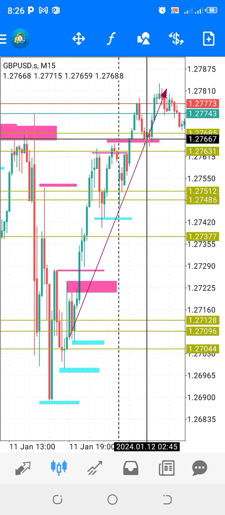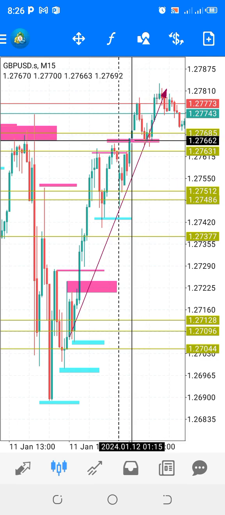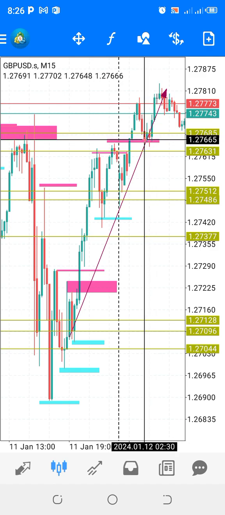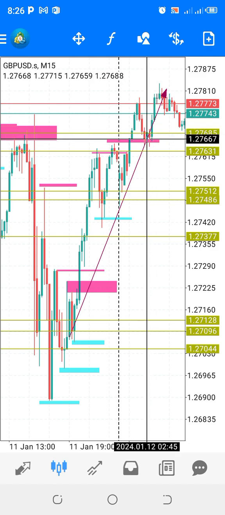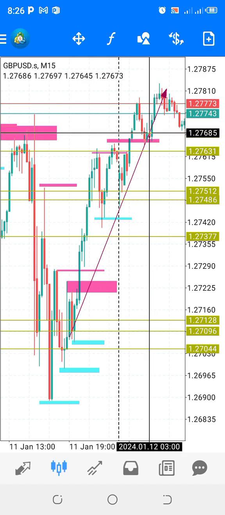For the first attempt, the direction of rejection is not consistent with your expectations. So the second attempt now gives you that direction of rejection. So the candle closing here gives you that, and your new entry price should be 1.2768 ideally.